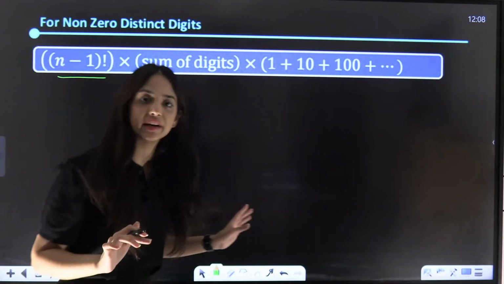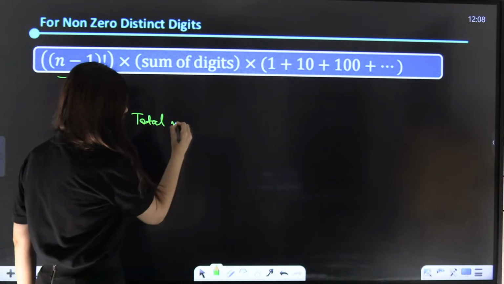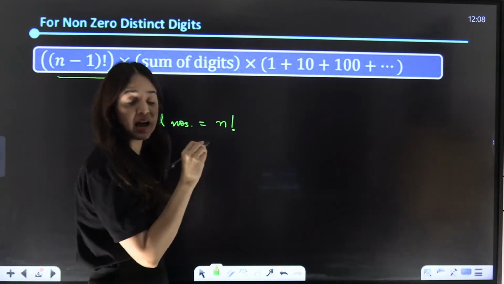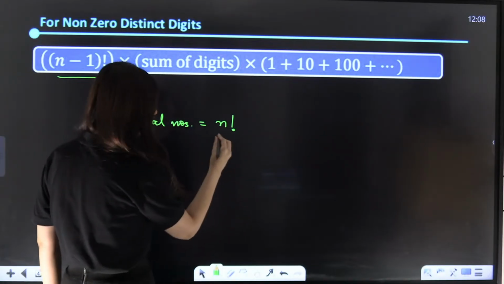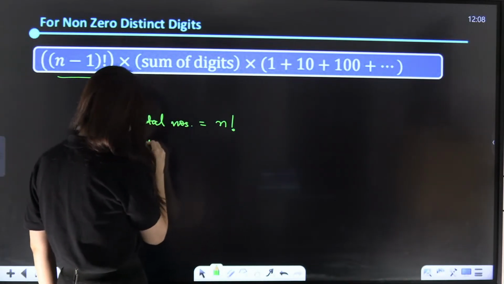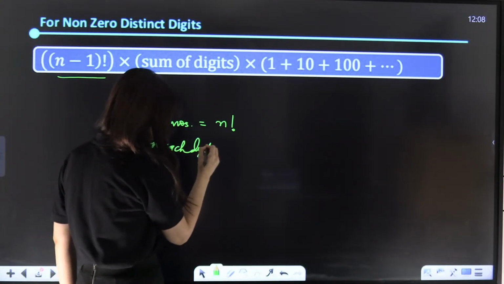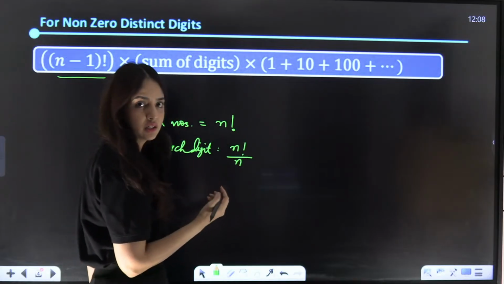You can also look at it this way, that the total numbers are n factorial. How many digits are there? N digits. So for each digit we get n factorial divided by n, right?